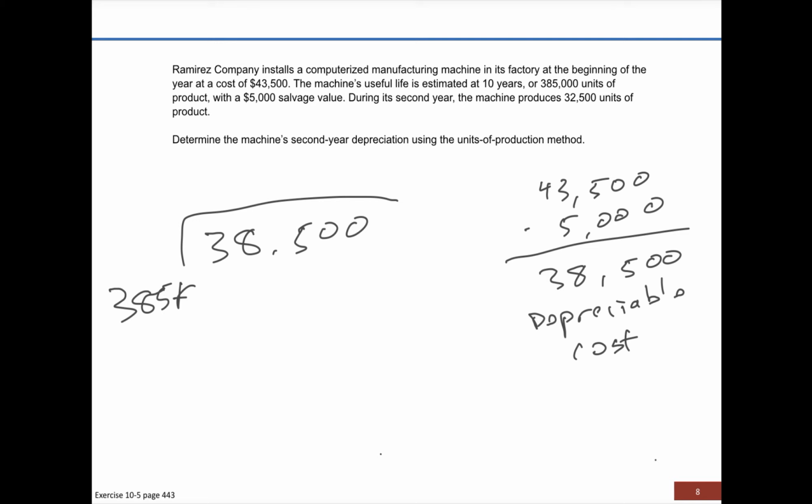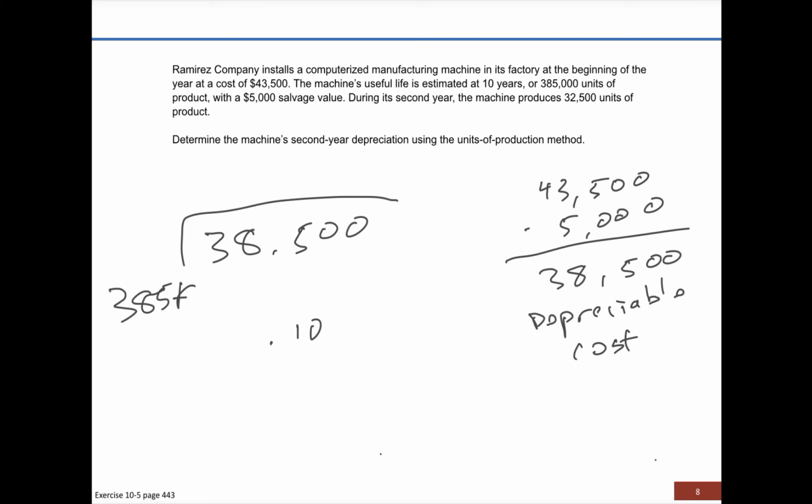Okay, so we got 1 cent per unit of production that is going to be recognized as depreciation. So we just take that. You said 0.1 or 0.01? So 10 cents. Okay.